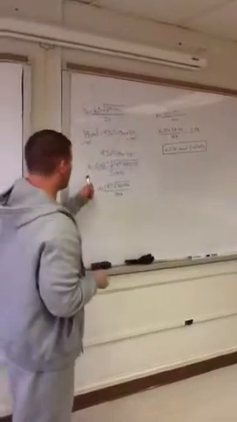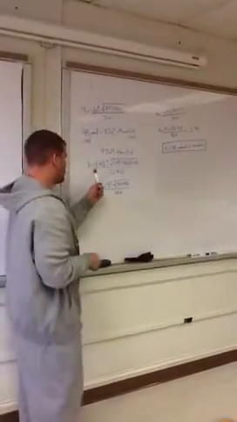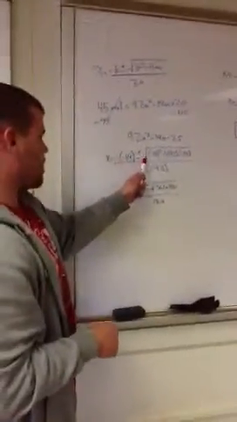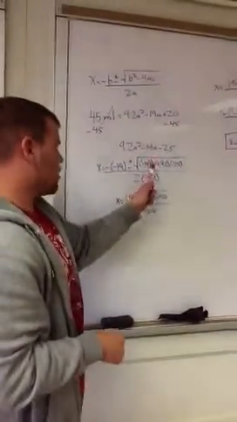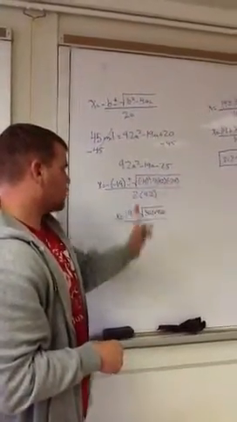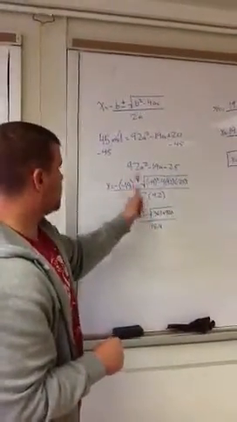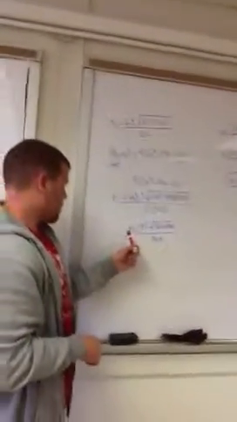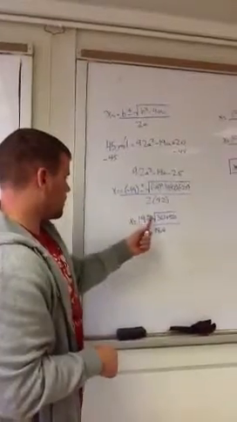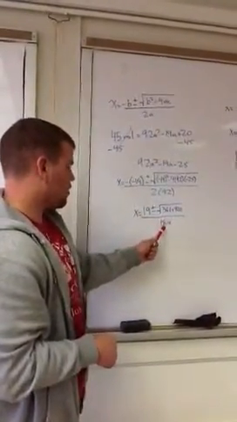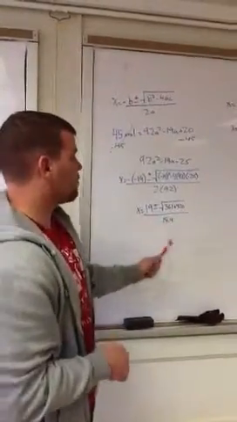So you plug all that into your quadratic formula, which would give you x equals negative negative 19 plus or minus the square root of 19 squared minus 4 times 9.2 times negative 25, over 2 times your A, which is 9.2. So right here you get x equals 19 plus or minus the square root of 361 plus 920, over 18.4.